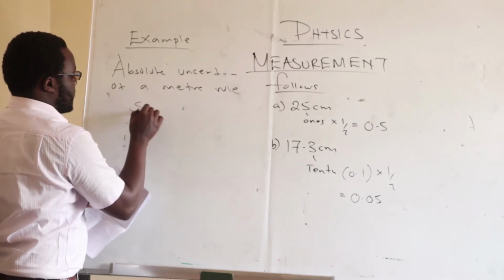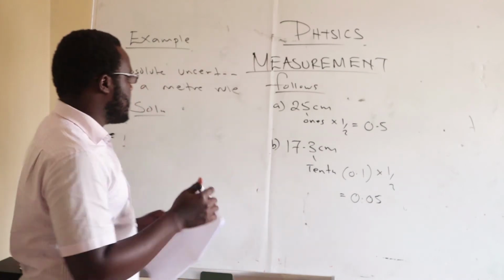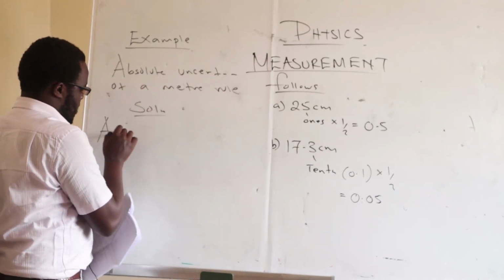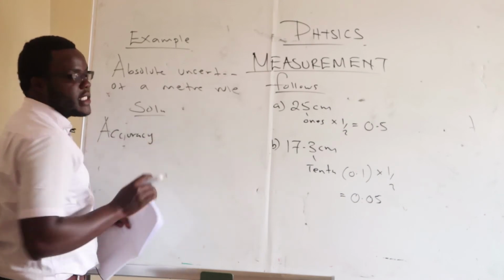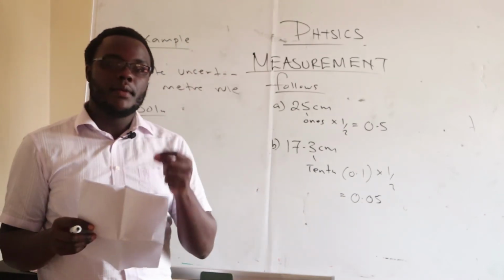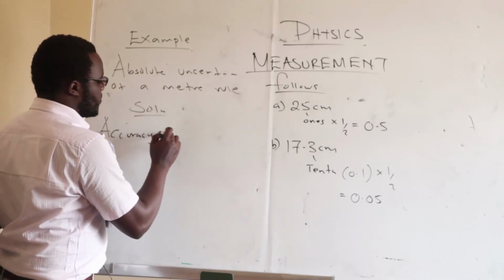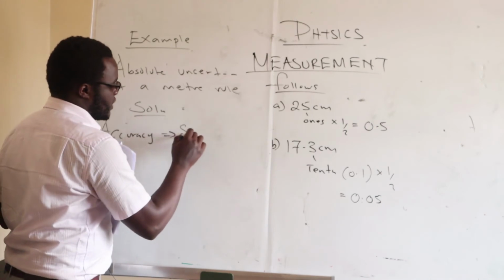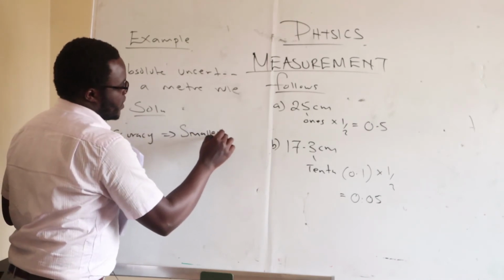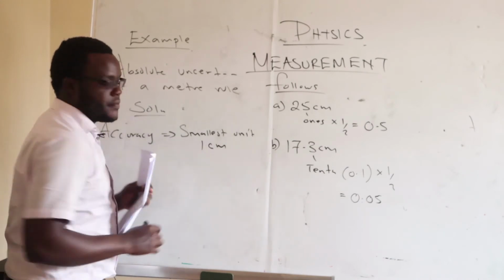In the solution, we first look for the accuracy. Remember, we defined accuracy as the smallest measure that can be handled by an instrument. Therefore, for the case of a meter rule, the smallest unit that can be measured is 1 centimeter.